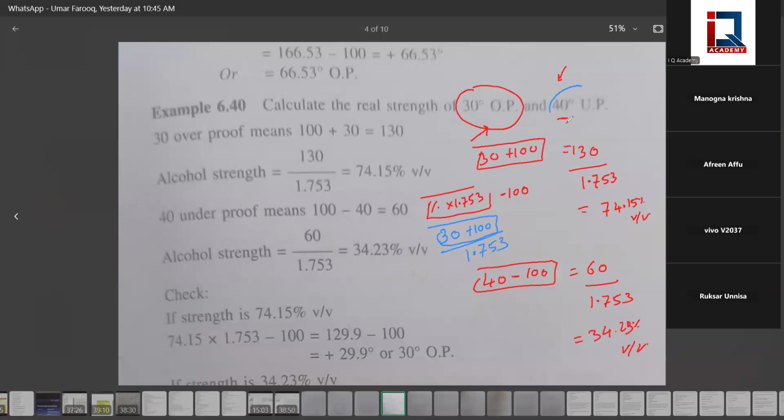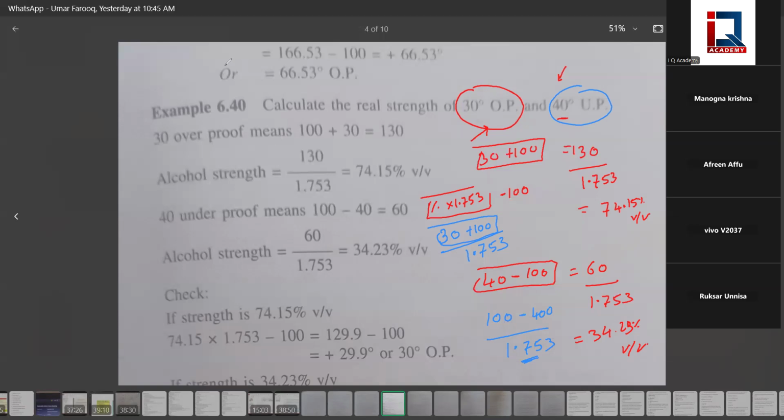If they're saying underproof, not overproof, then we will subtract that underproof value from 100, and the resulting answer is divided by 1.753.